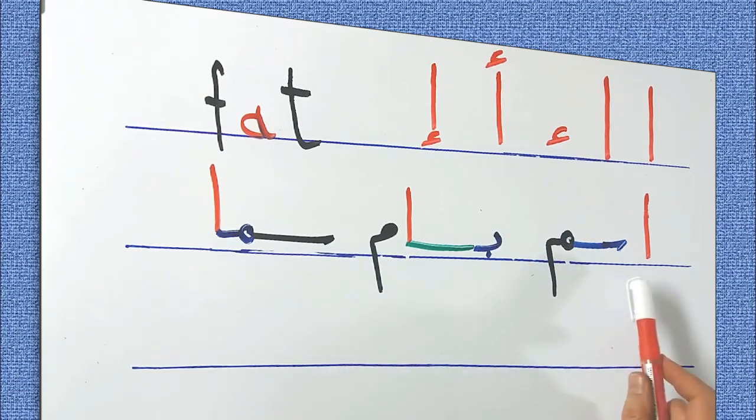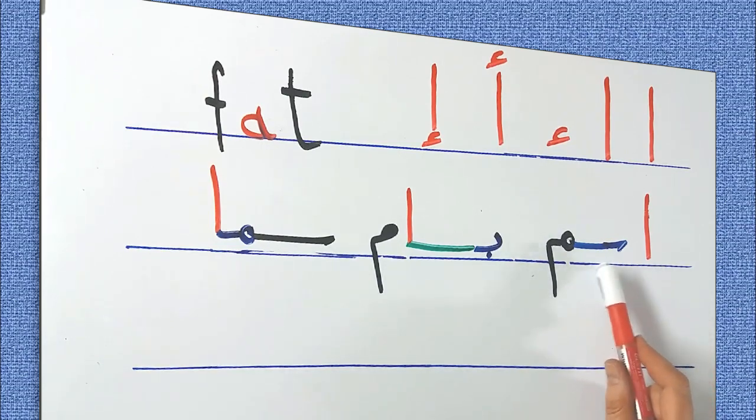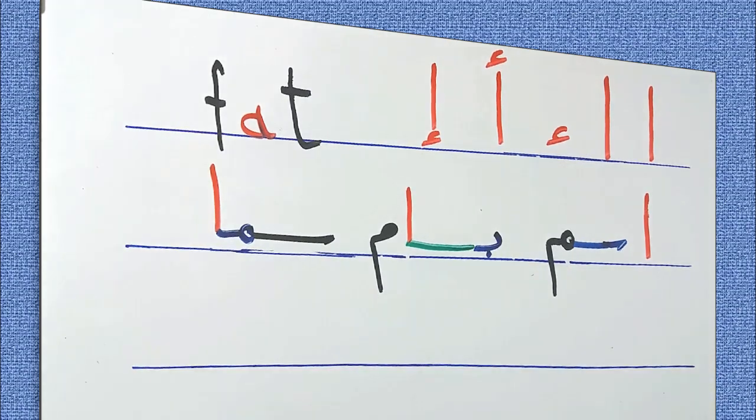Now Alif in this word is pronounced as E, and it's written Alif Sin Mim. It's pronounced Ism, which means name or a name.